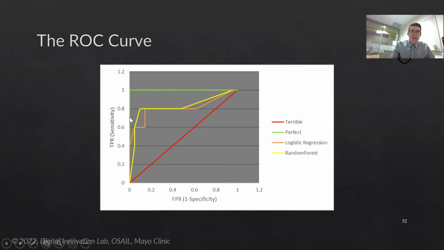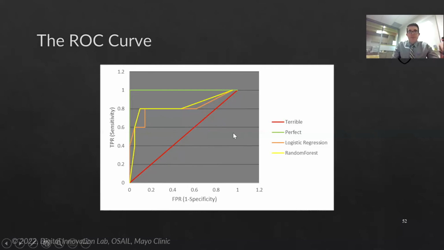Basically you would have perfect sensitivity regardless of what your specificity value is, because your model's always correct, right? If you have a model that's not telling you anything, a totally random classifier that's not giving you any useful information, it's going to be this red line here, basically a 1-to-1 relationship. And most models obviously fall somewhere in the middle.